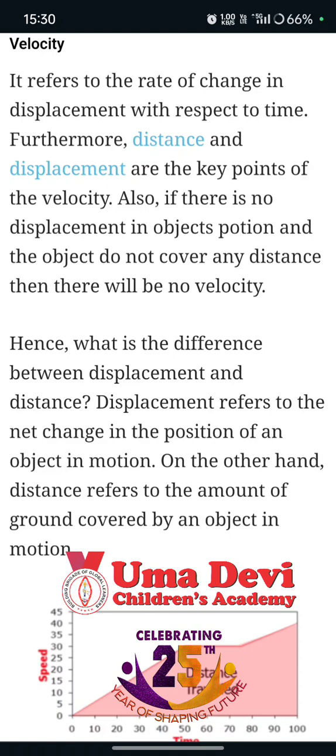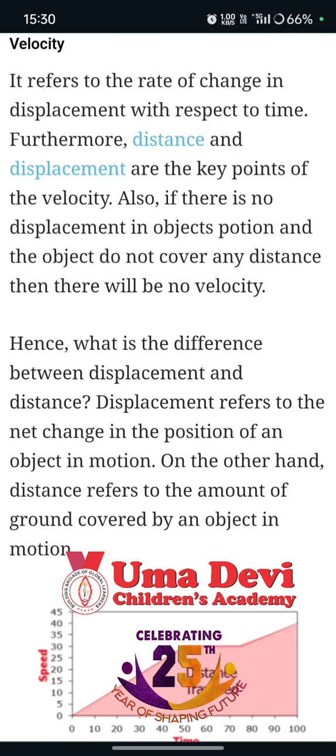Now if you see, if an object is moving from point A, but it is again coming to point A after traveling a path, then the distance traveled by it is something else, but the displacement will be zero.